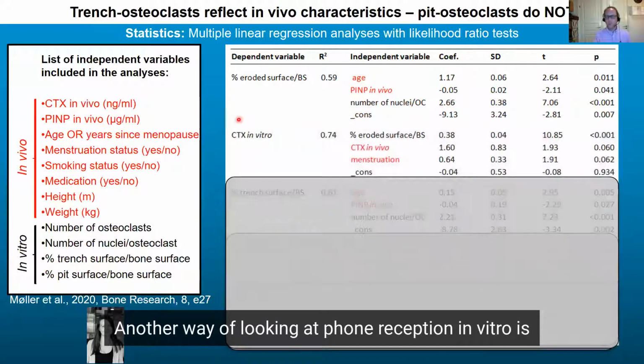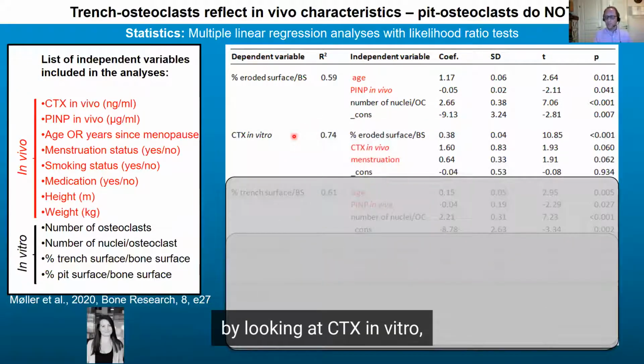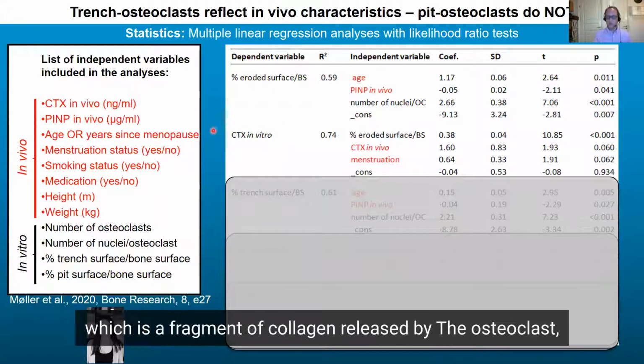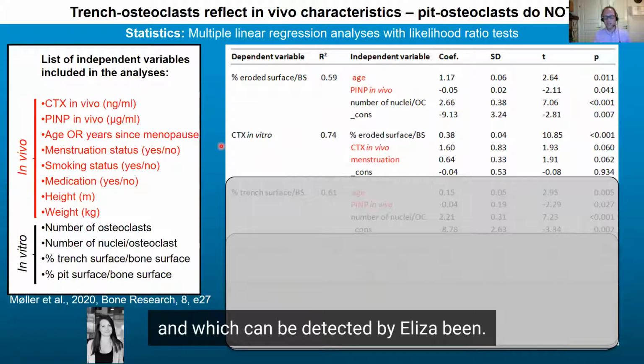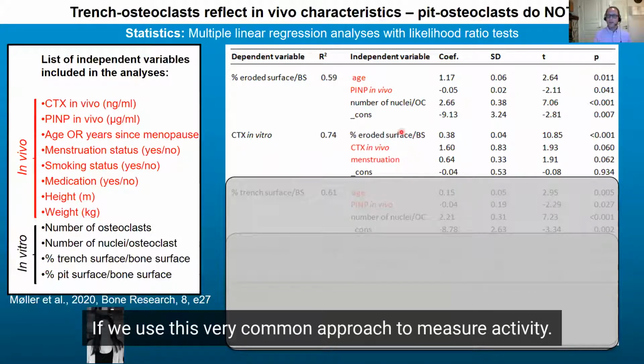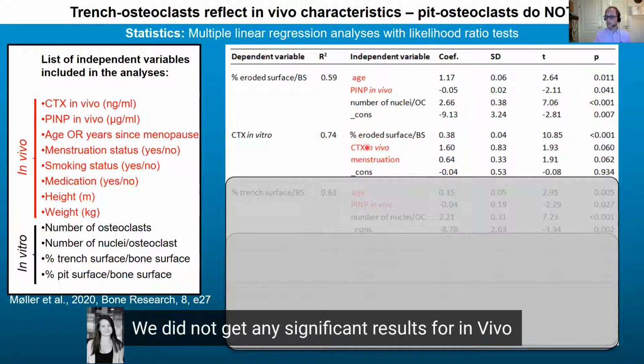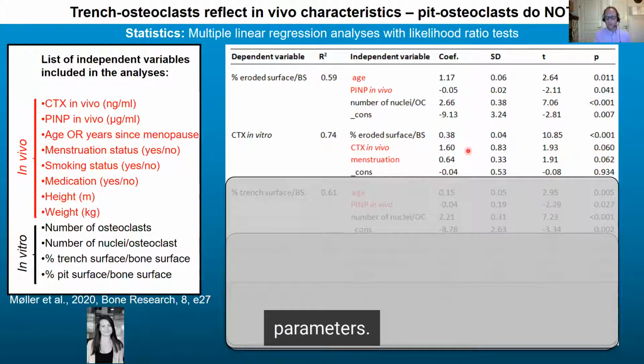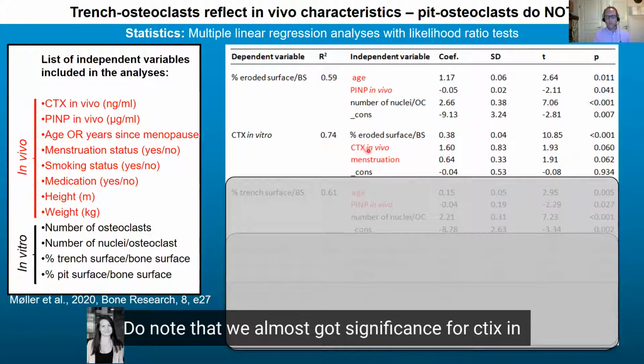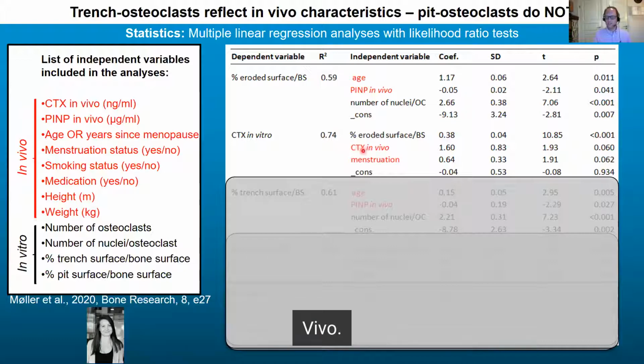Another way of looking at bone resorption in vitro is by looking at CTX in vitro, which is a fragment of collagen released by the osteoclast and which can be detected by ELISA. If we use this very common approach to measure activity, we did not get any significant results for in vivo parameters. But do note that we almost got significance for CTX in vivo.